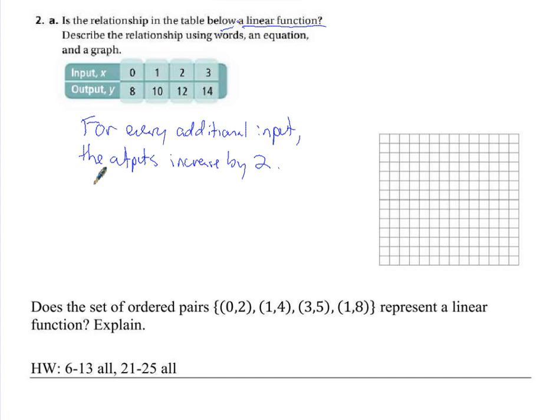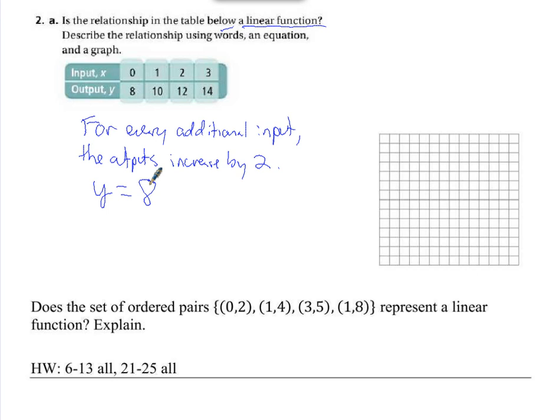Y equals. What happens if I have no inputs? I'd have 0 inputs, but I get 8 outputs. So if I don't have any inputs, but I have 8 outputs, then what should I write? Y equals 8. Did I put anything into that equation?